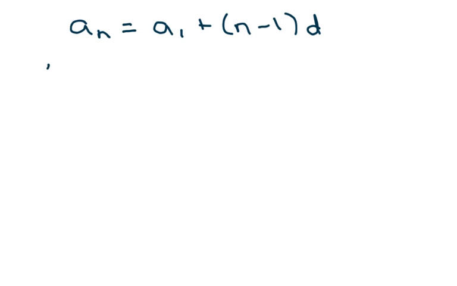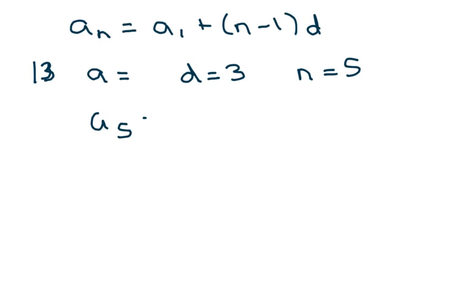So if I do 13 and want to find the fifth term, a is 2 and d is 3. Since we're finding the fifth term, n is 5. So we get 2 plus 4 times 3, which equals 14.